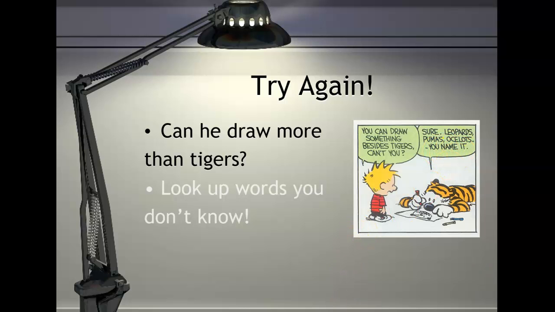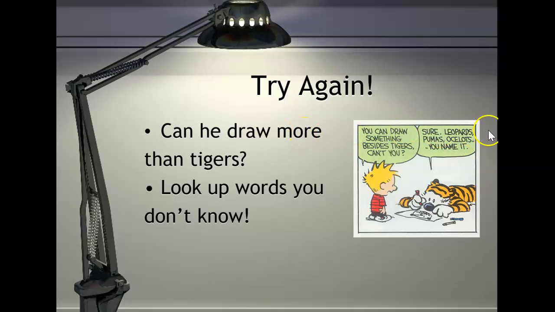Okay, so if I'm looking at this and I need to answer the question, can he draw more than tigers? There might be some words up here that I don't know. So you might have to look them up in a dictionary if you don't know what they mean, because this is your clue to answering the question.